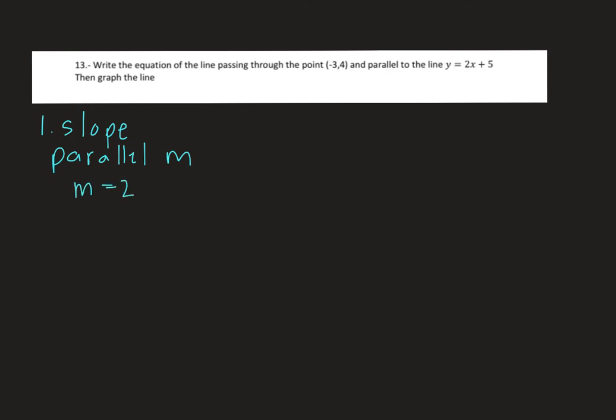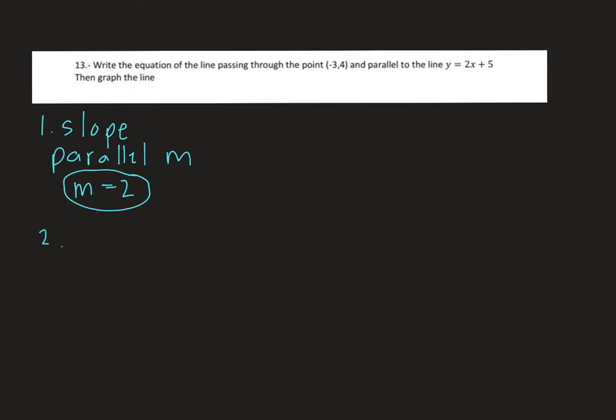And parallel lines have the same slope, so that would also be our line's slope. So our slope is going to be 2. If we had a perpendicular line, it would be the negative reciprocal slope, but in this case it's just parallel.